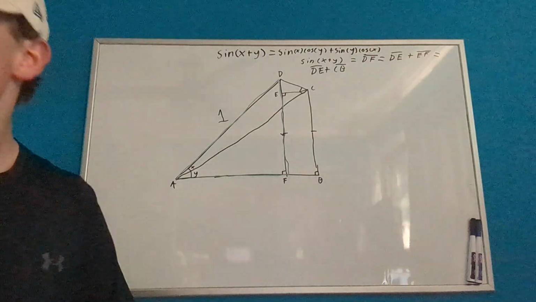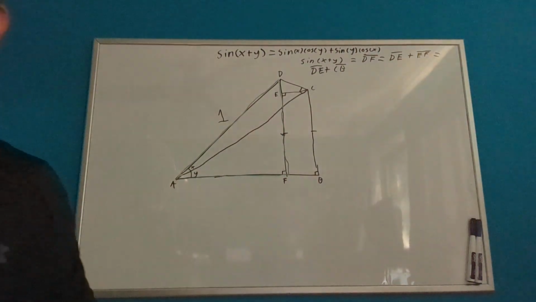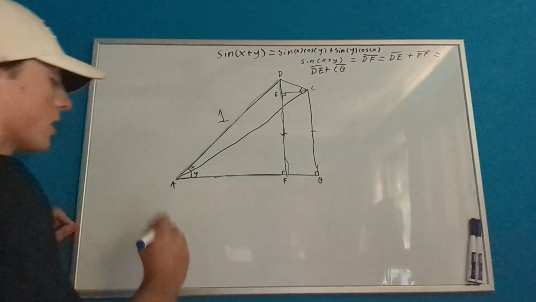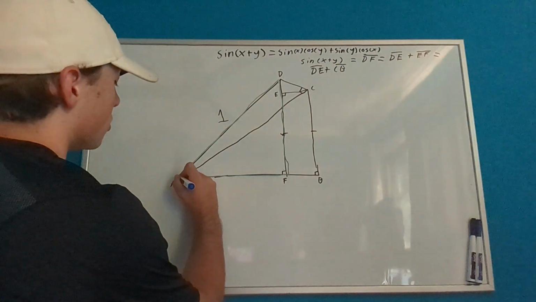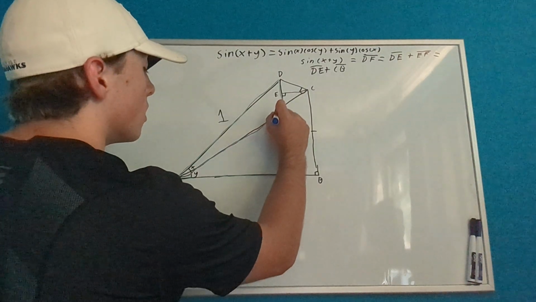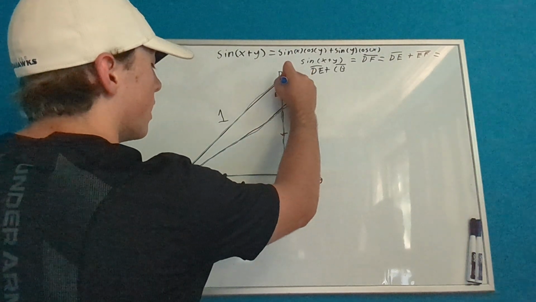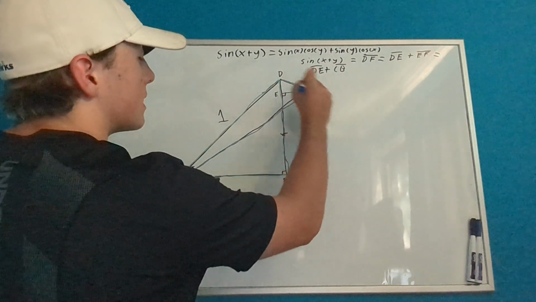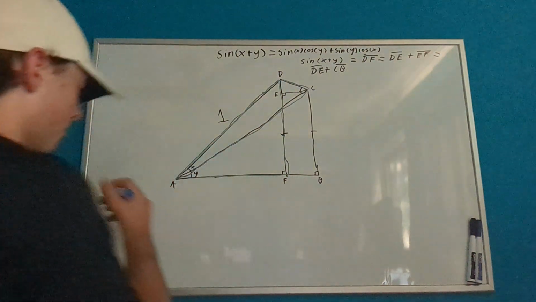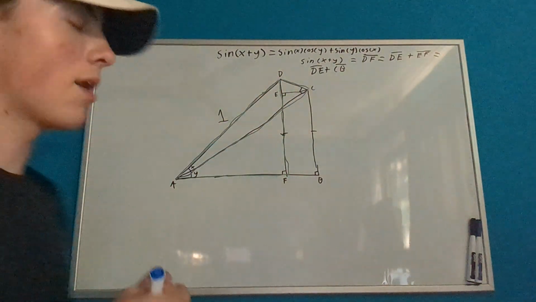Then, what is our next step? Well, we want to start labeling bits of our shape. The first thing we want to do is turn this into the triangle I'm going to shade in blue. This triangle is triangle ACD, and it just has our x angle.